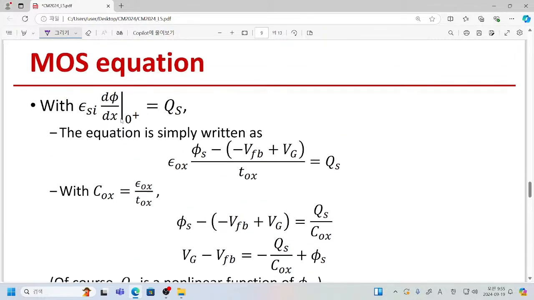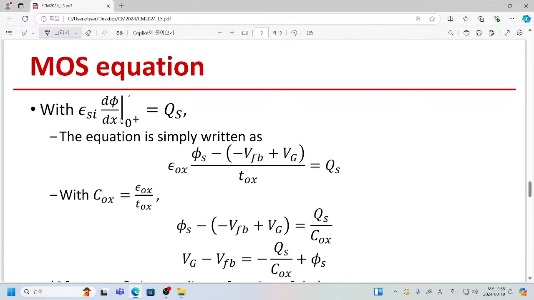Now you understand that the right hand side of this equation can be physically understood as the quantity of semiconductor charge. So how can you understand this expression?